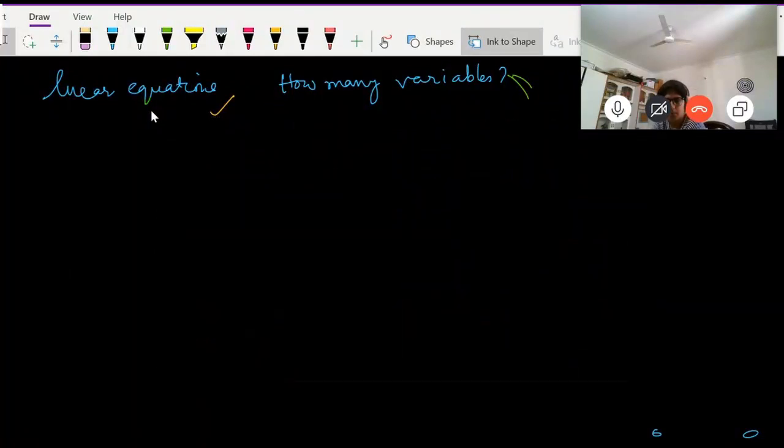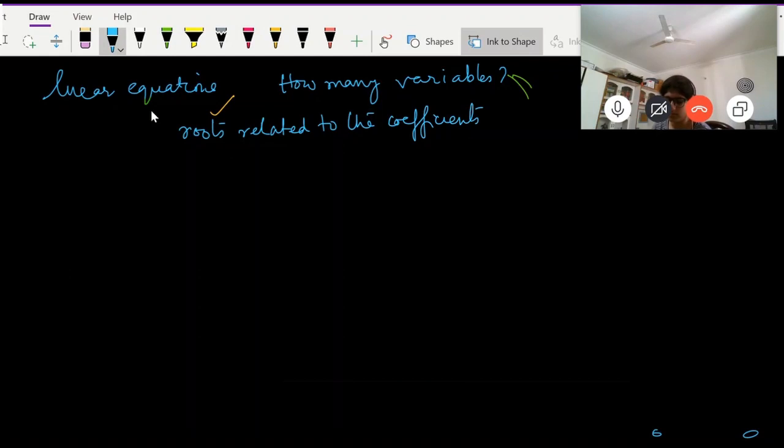Now let us also cover one more thing, which is how are the roots related to the coefficients of a polynomial? This is very, very important, right?